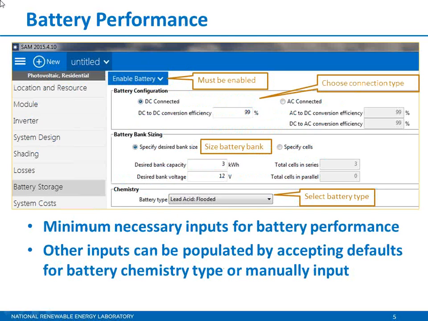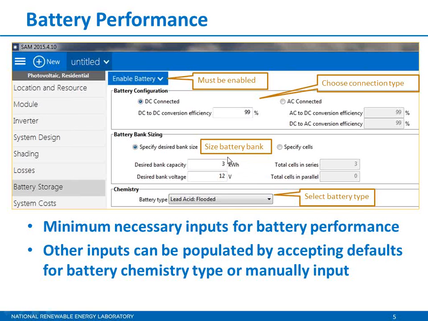So here is a quick look at some of the high-level inputs to the battery performance model. Within a photovoltaic model, you enable this battery, and you choose what kind of configuration you have, either DC or AC, and these conversion efficiencies allow you to model interconnection losses depending on the configuration.